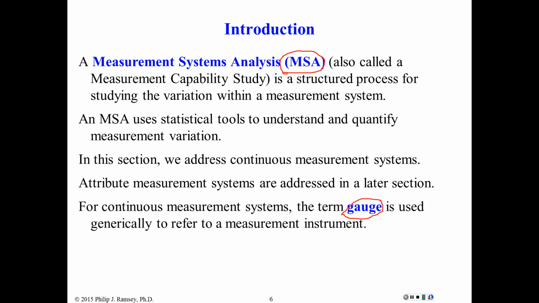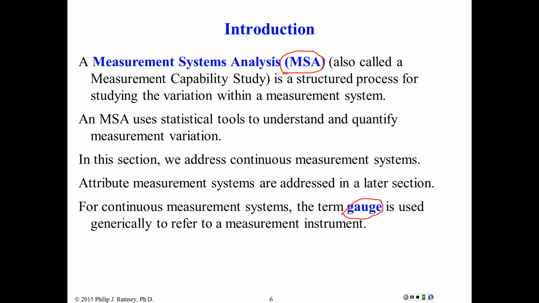I don't actually like to use the term gauge because when these methods first began, actually in earnest, around World War II, what they were evaluating were typically fairly simple mechanical gauges to measure things.